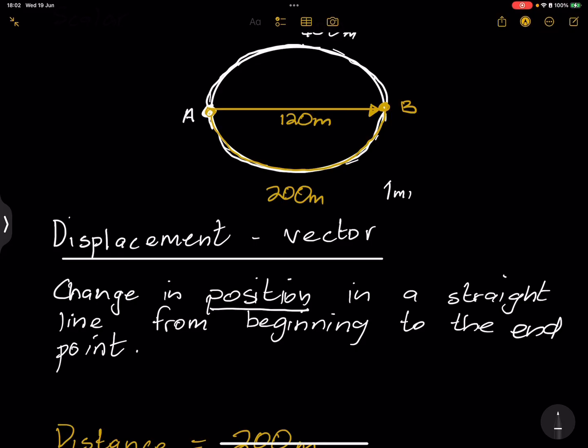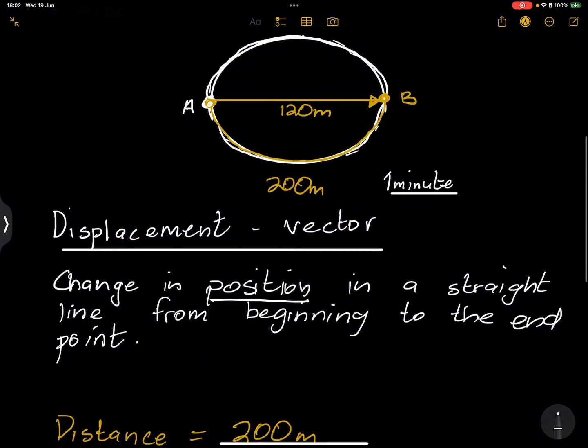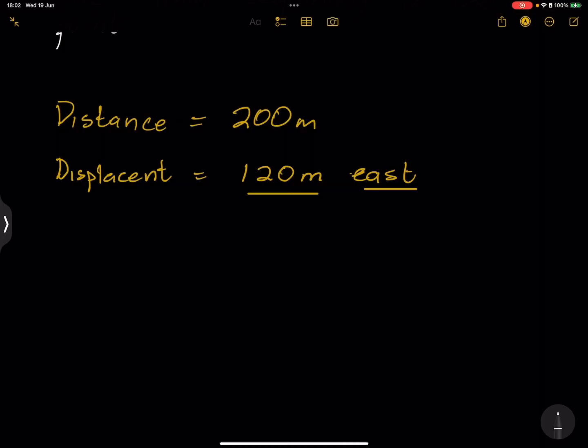Okay, so if they were running for 1 minute, then it means that the time that it took to travel the distance of 200 meters would have been 1 minute. Now note, ladies and gents, if I'm going to calculate the average speed, now please, I want you to listen very carefully.